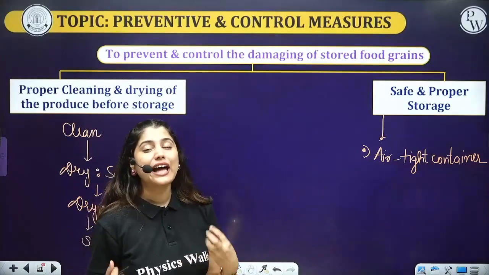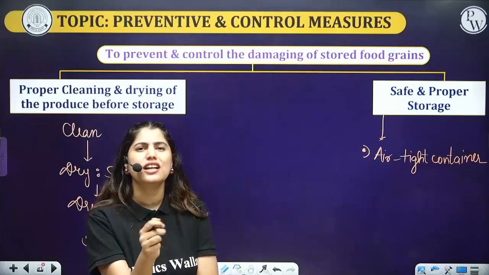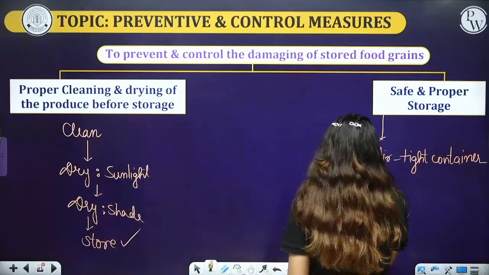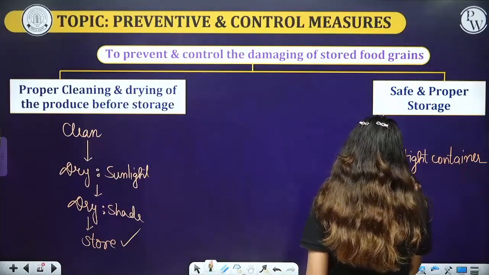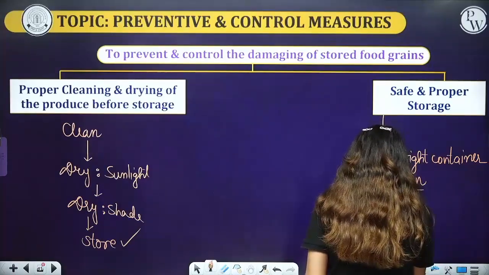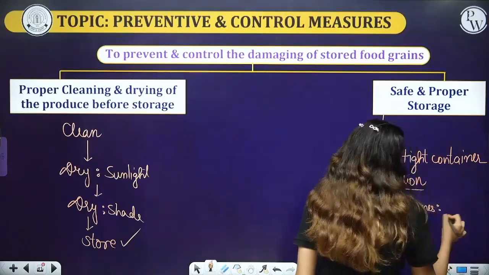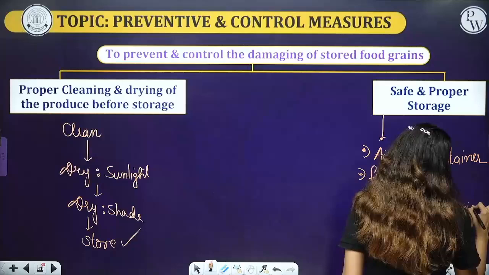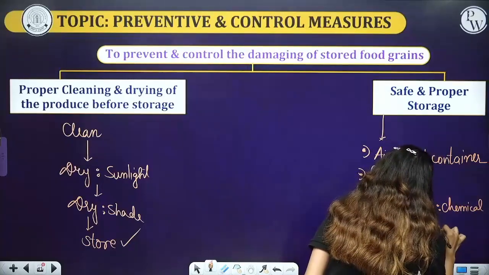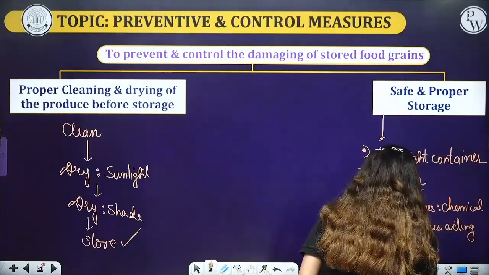What I am doing, I am using fumigation, right? Basically, we are using chemical substances in the form of fumes which are going to kill the pathogen, right? So I am doing the fumigation, and these fumes are nothing but chemical substances acting like pesticides, right?